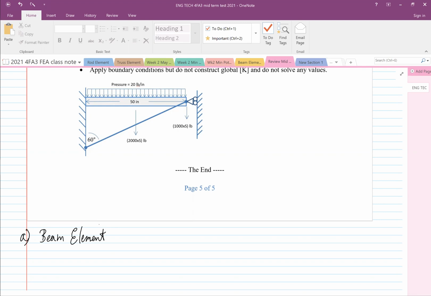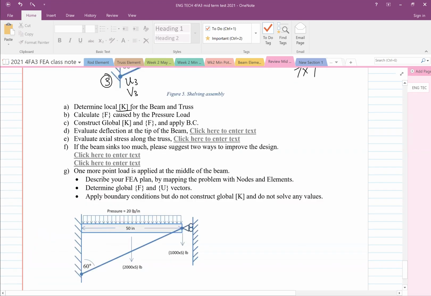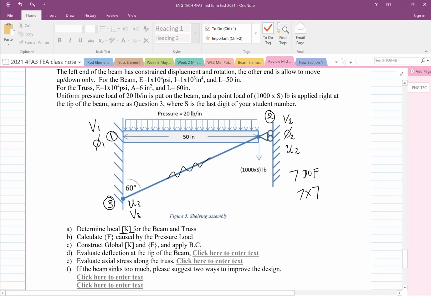Professor, in this question, if there was a pin joint at node 2, will the degrees of freedom at node 2 still be the same? I still have to specify it, because the truss element is allowed to move in u. Okay, but at the end, when I apply the boundary conditions, I set u to 0.